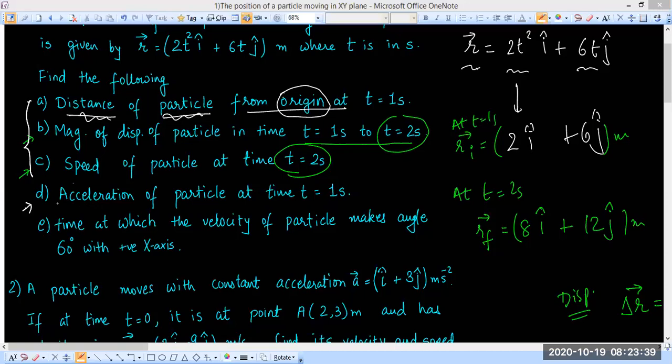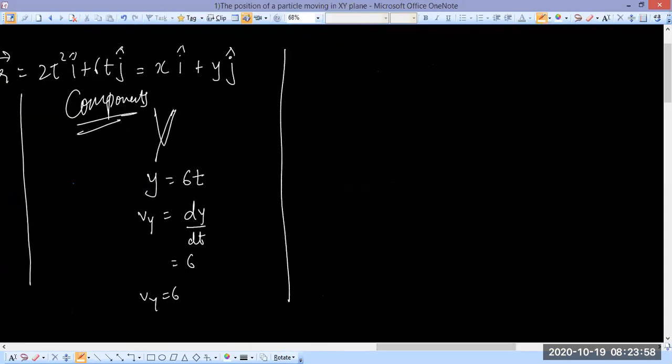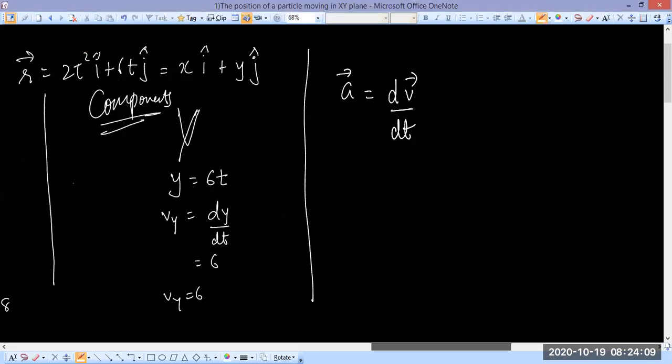Okay, now D, we are going to D. I hope now you have got idea how to do D, because we have to find acceleration. Acceleration is found by differentiation of velocity, right?